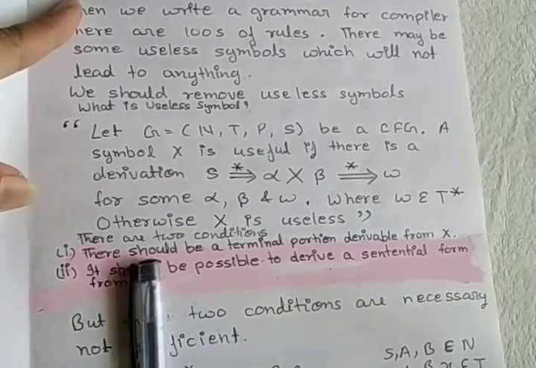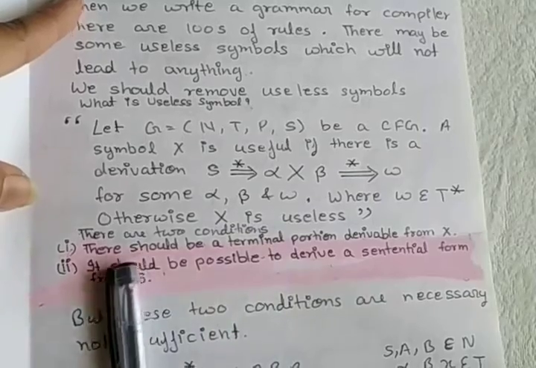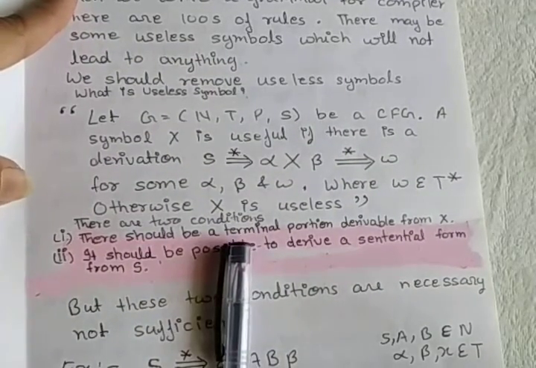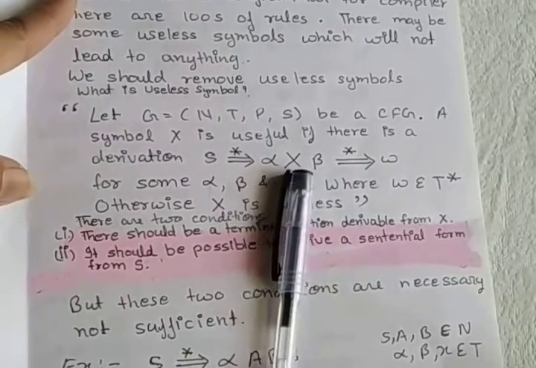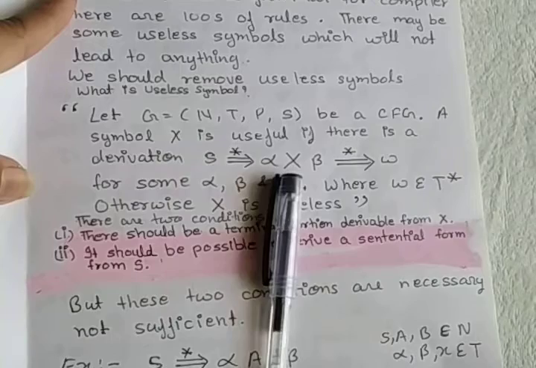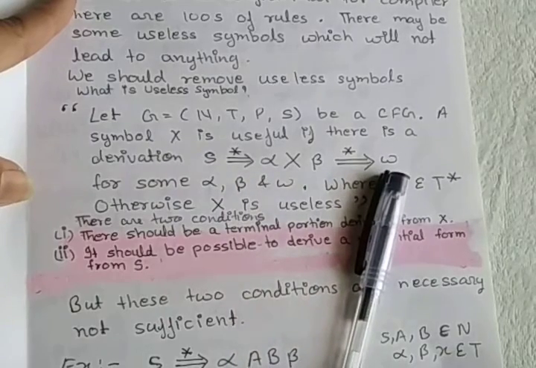Now here, we have two conditions. The first condition is that a terminal string should be derivable from X, meaning X is useful if we are able to derive a terminal string.